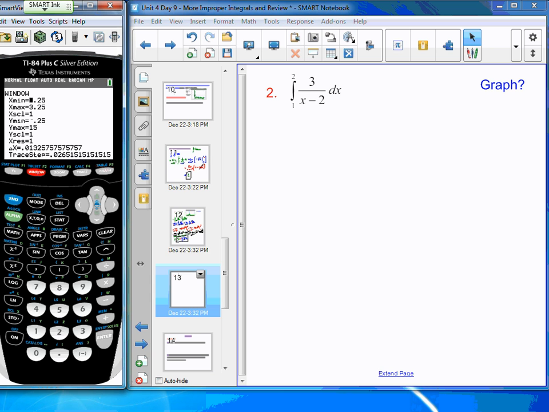We want this to be maybe negative. There we go. Thank you. Oh, there she is. We want it between 1 and 2. All right, that's the other side of the vertical asymptote.